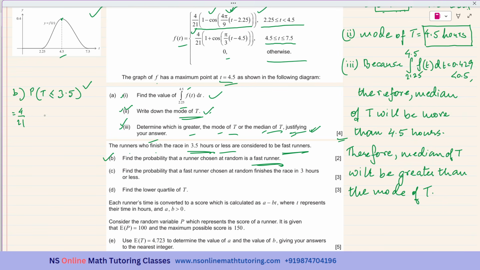So 4 over 21 and integral of 2.25 to 3.5 and 1 minus cos 4 pi over 9 (t minus 2.25) dt. So this is equal to, again we have to use the calculator.